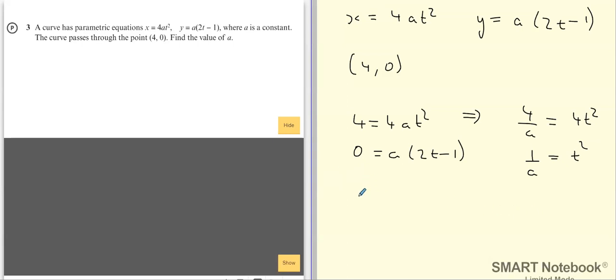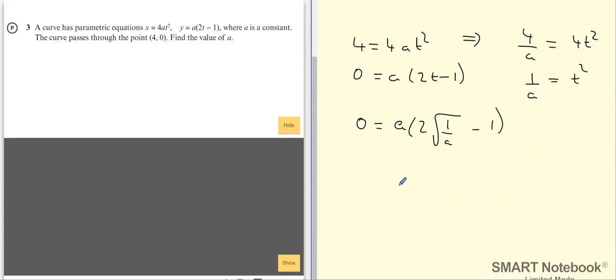and so here, if I substitute that back into the second one, I get a times by 2 times by root 1 over a minus 1. So either a equals 0 or 2 root 1 over a minus 1 equals 0. And so 2 root 1 over a equals 1.